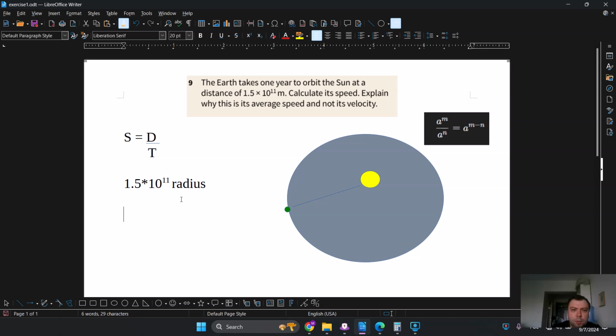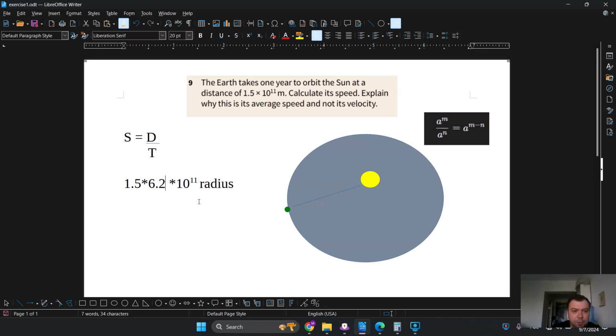So we will use the formula for the circumference of a circle, which is 2 pi times radius. Okay, so it won't be actually 1.5 times 10 to the power of 11, but it will be 1.5 times 6.28 times 10 to the power of 11, because pi equals 3.14, right?